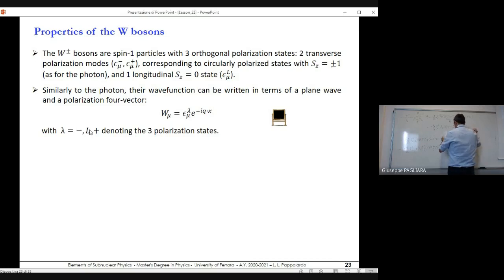And this is just our current, so we can call it j mu, with left and right, where left is the lepton and right is the anti-lepton, which is the only way they can couple with the charged current.